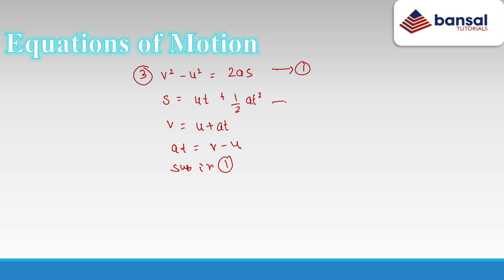This is the first equation, this we have to derive. Okay. Now, keeping this value over here, let's find t equal to v minus u upon a.